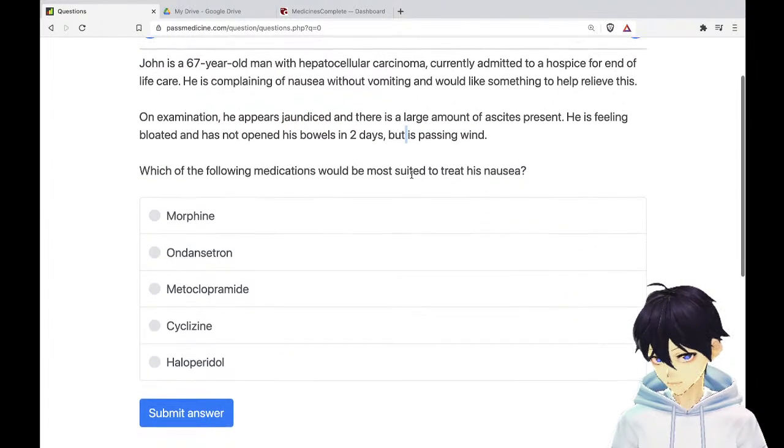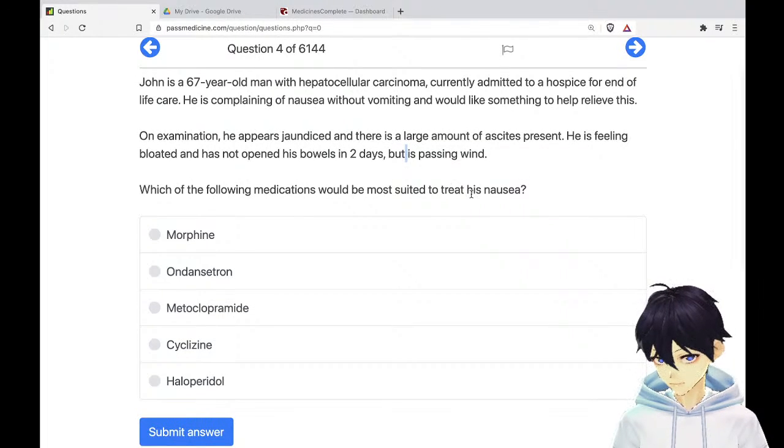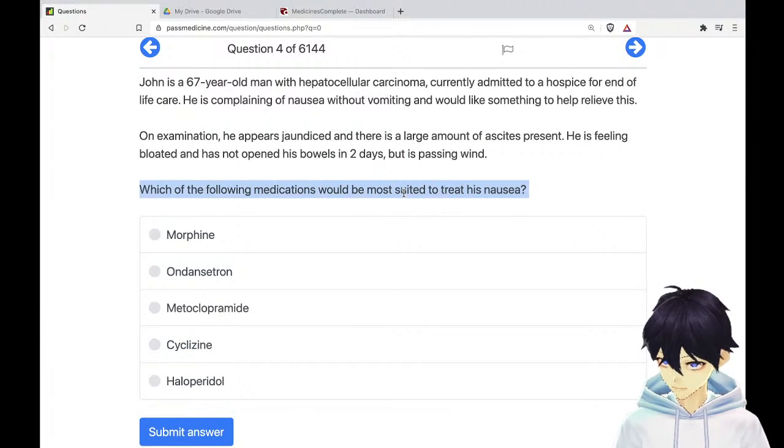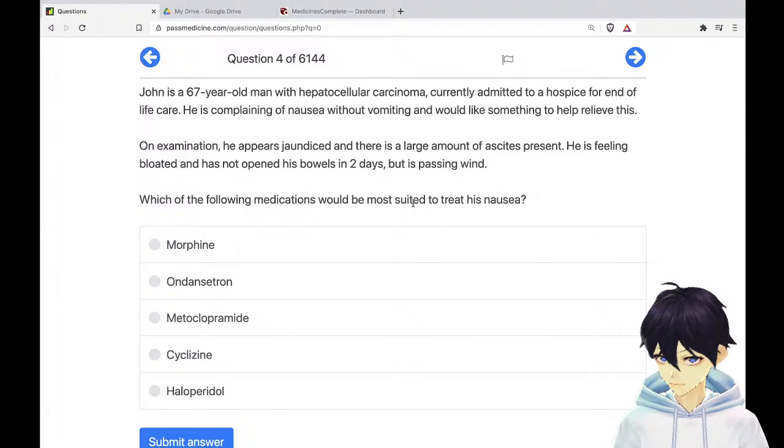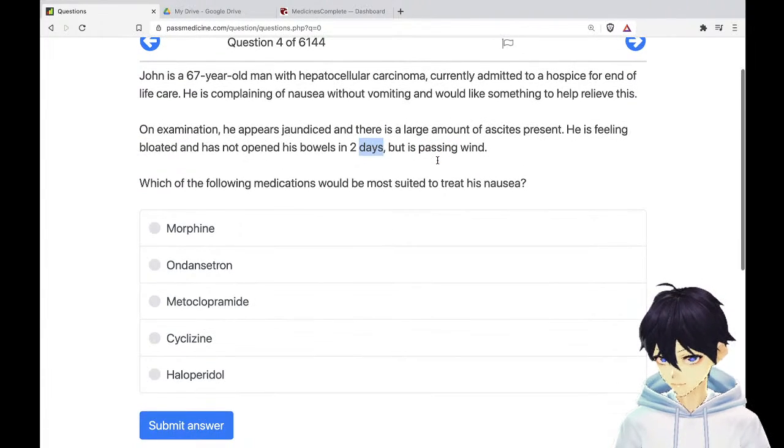Which of the following medications would be most suited to treat his nausea? He has not opened his bowels in 2 days, but is passing wind, so there is no obstruction. But not passing bowel for 2 days.